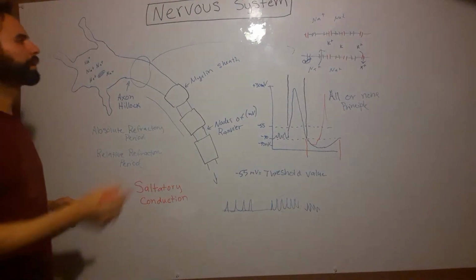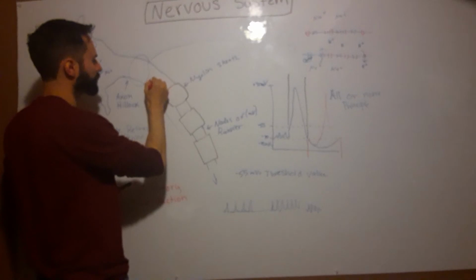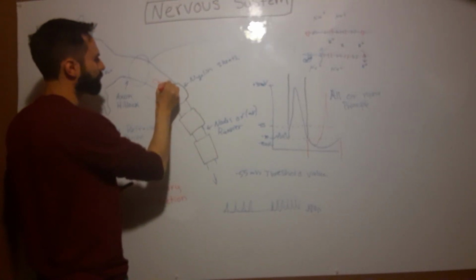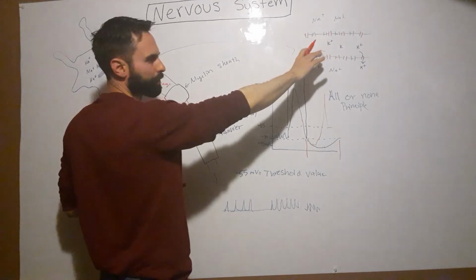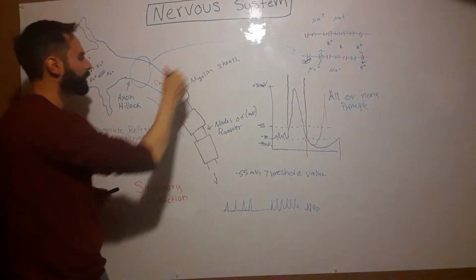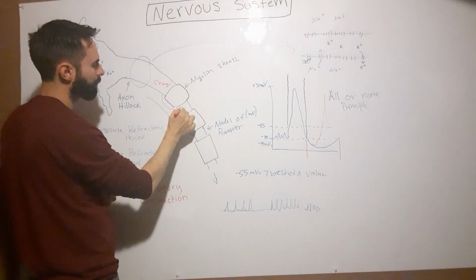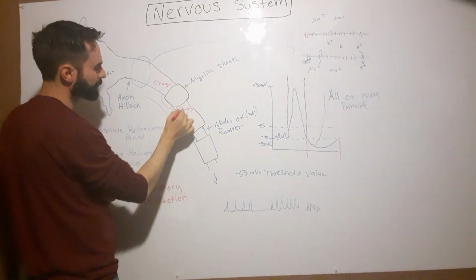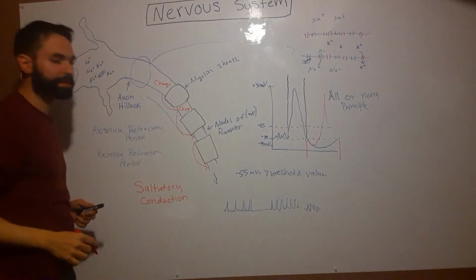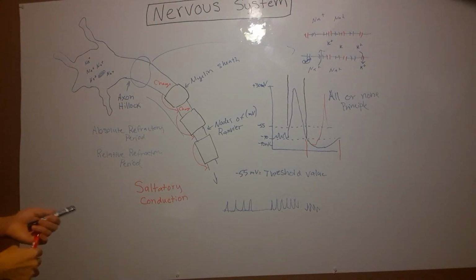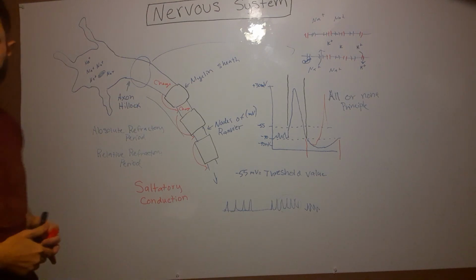So in other words, let's say your charge is here, rather than going down the whole thing, opening sodium channels, influx, and that charge opening more down, the charge is going to jump over here. It's actually skipping over all these myelin sheaths, and that speeds up the firing rate dramatically. So saltatory conduction.